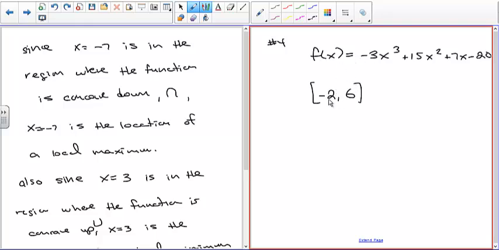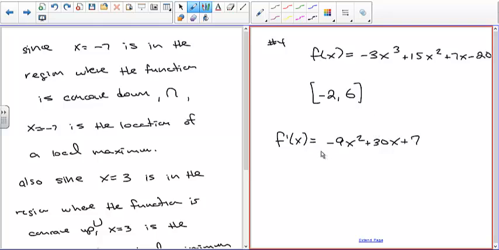And then we'll evaluate the function at the critical numbers and the endpoints. So the first step is to take the first derivative, which is going to be -9x squared plus 30x plus 7.